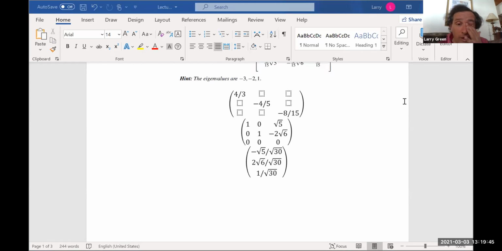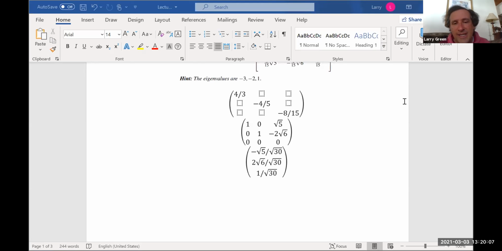Okay, so I just found one of them. And you could think of this as the first column. This is the first column of the P matrix, right? Do you need me to go and work out the second and third columns, or do you have the idea now? Yeah. You have the idea? Okay.